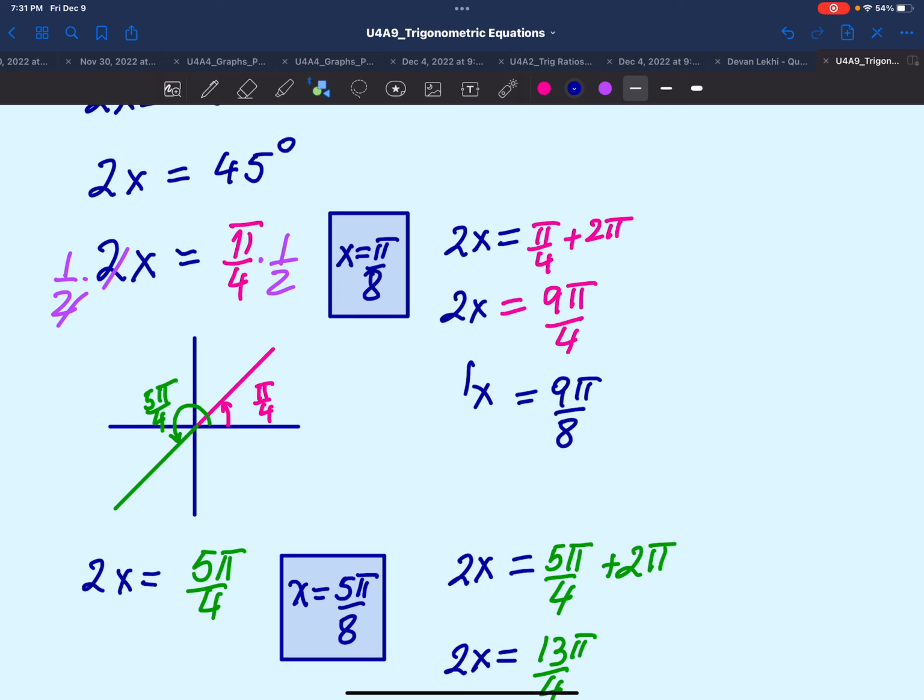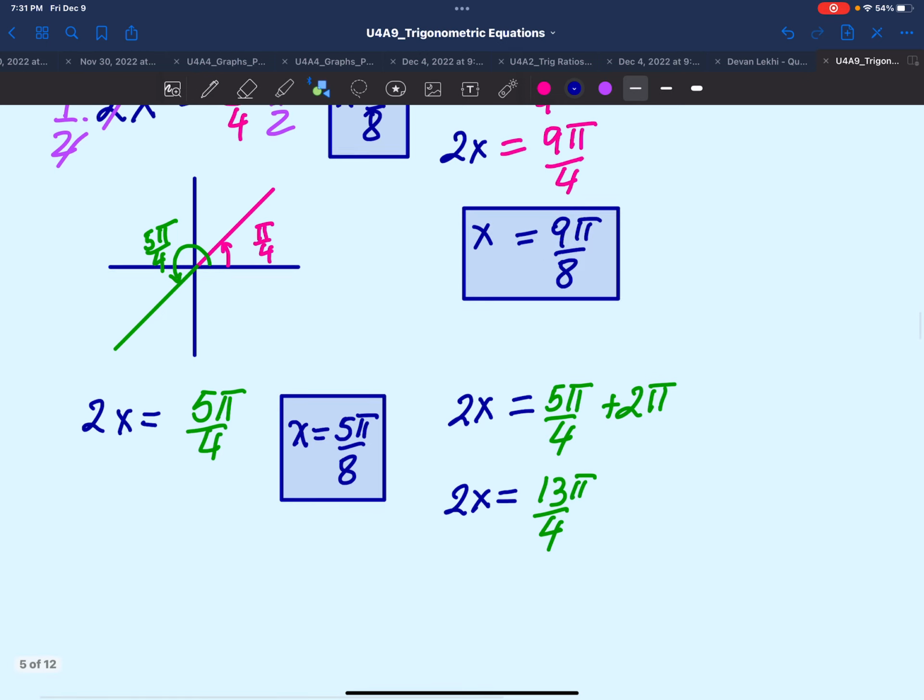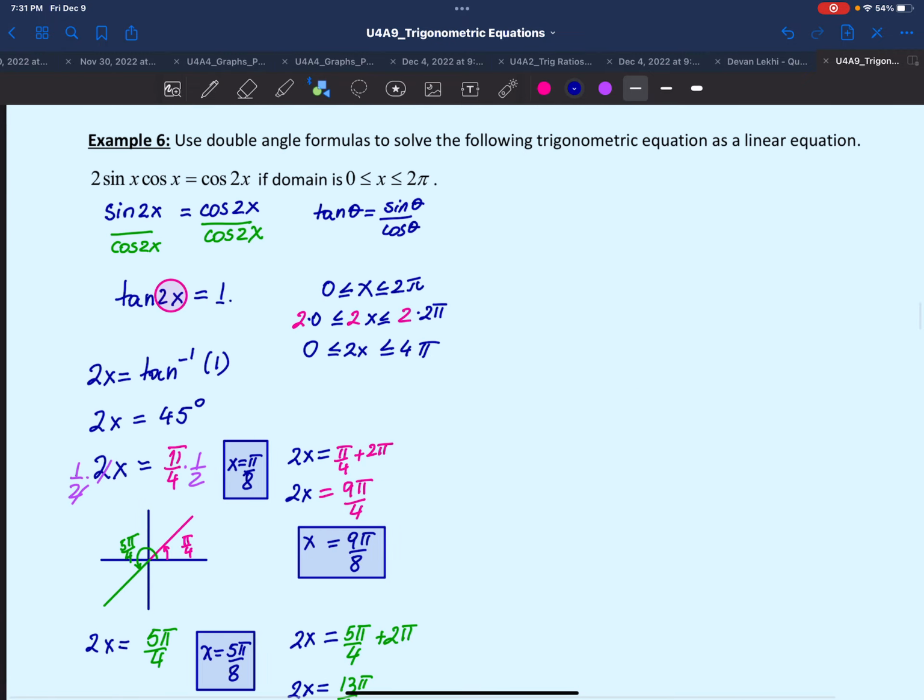And lastly we have 2x equals 13 pi over 4, so isolate x, and we get 13 pi over 8. And voila, here are the 4 solutions to this equation.